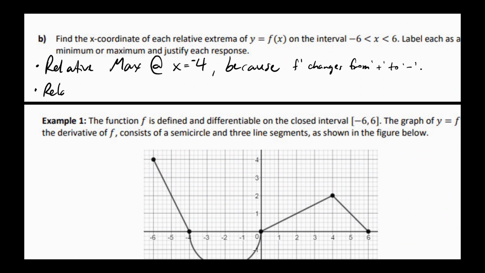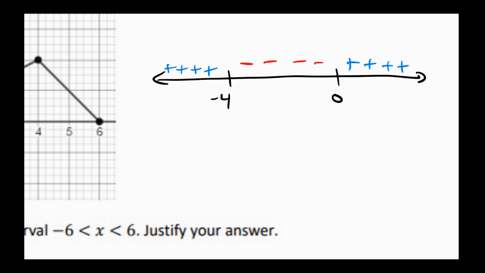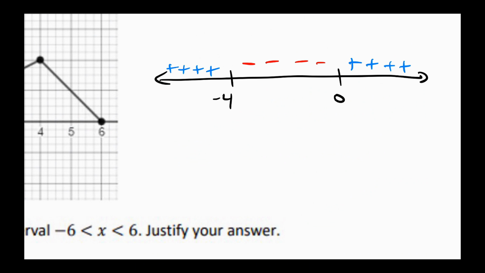The other one, relative min at x equals 0. We know that's x equals 0 because, well, what about this guy right here tells us that at 0, it's going to be a minimum?